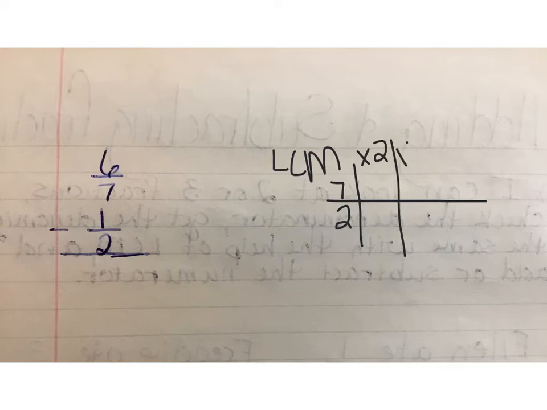Over here, I'm going to use the 7 and the 2 because those are my denominators. 7, 2. 2 times 2. Oh, my stylus doesn't want to work. 2 times 3.